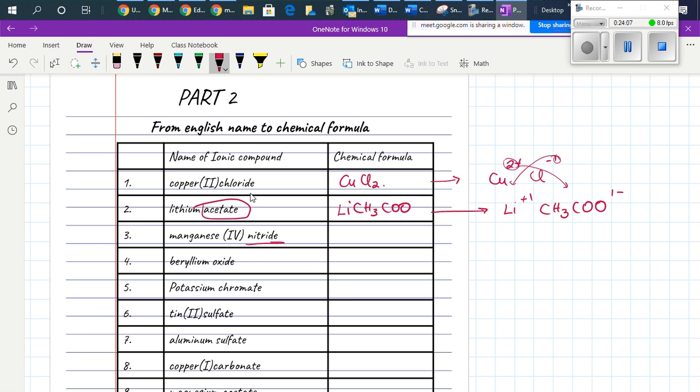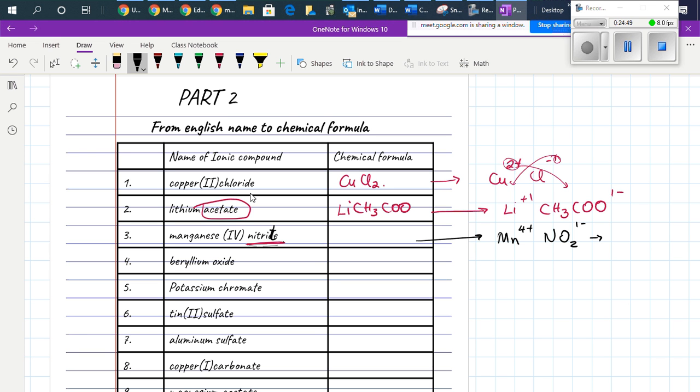Manganese nitrate. So manganese, and it's 4, so 4 plus. And nitrate in the common polyatomic table. Okay. Oh, it's nitrite. Should be I-T-E, not A-T-E. Nitrite, NO2 1 minus.